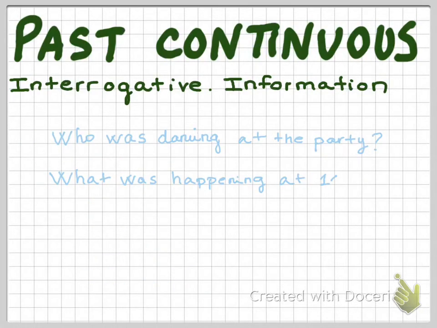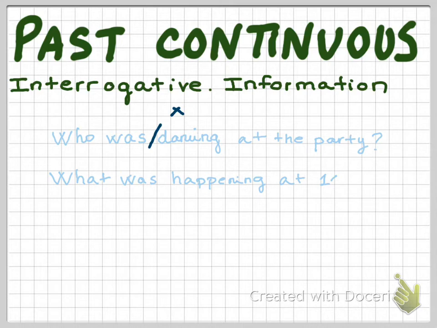There is something a bit different when we don't know who the subject is, or who was doing a particular action in the past at a certain time, because we cannot include the subject in the question. See, who was dancing at the party? As we don't know who the subject is, we cannot include this information in the question because we are requesting this information.